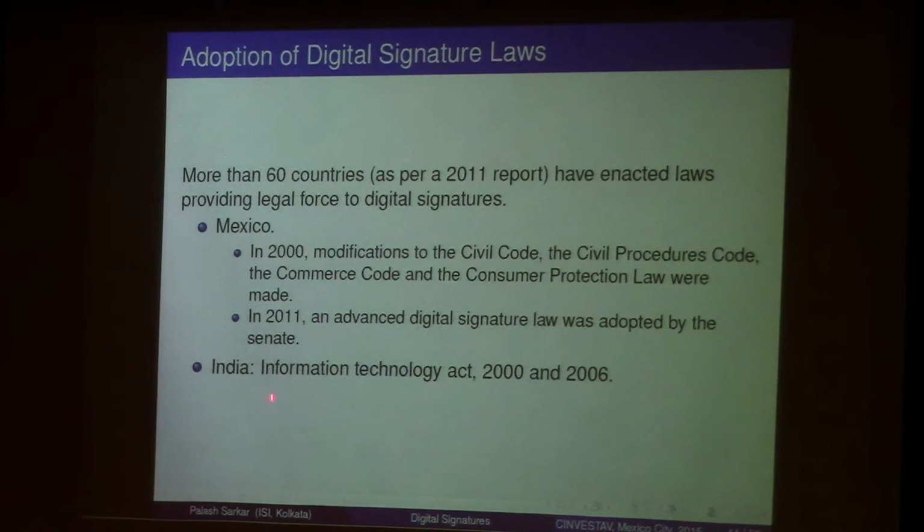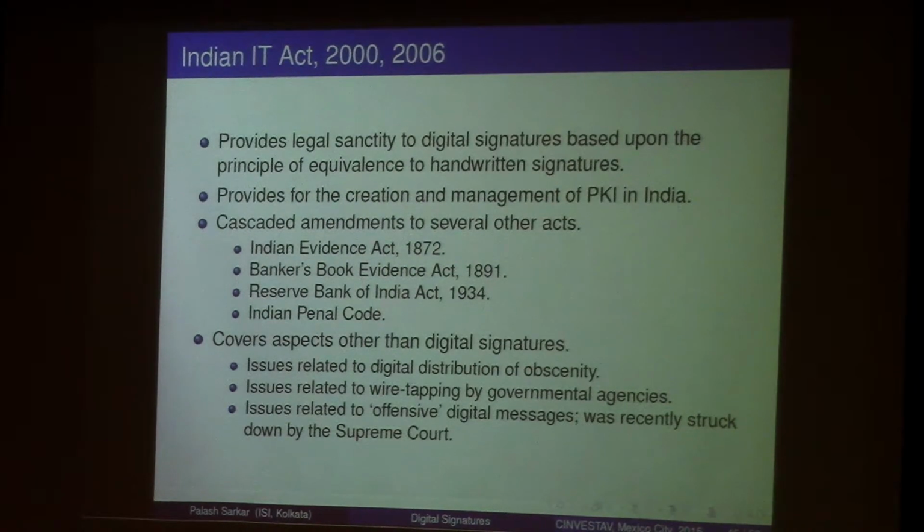Now for India, there is an Information Technology Act in 2006. This I could find on the net and read, so I'll talk a bit about the Indian IT Act. It provides legal sanctity to digital signatures based upon the principle of equivalence to handwritten signatures. That's the guiding force. It provides for creation and management of PKI in India.